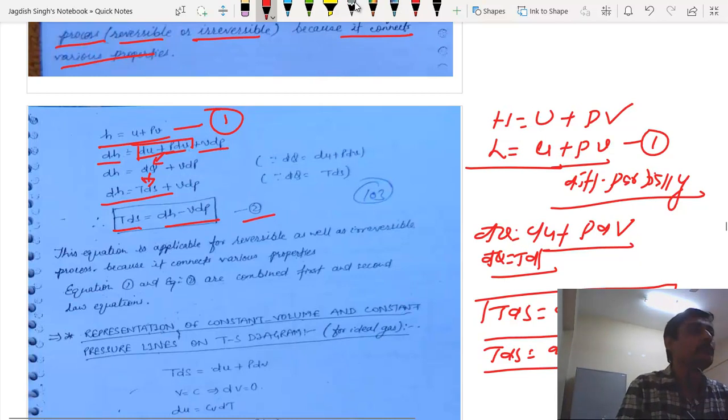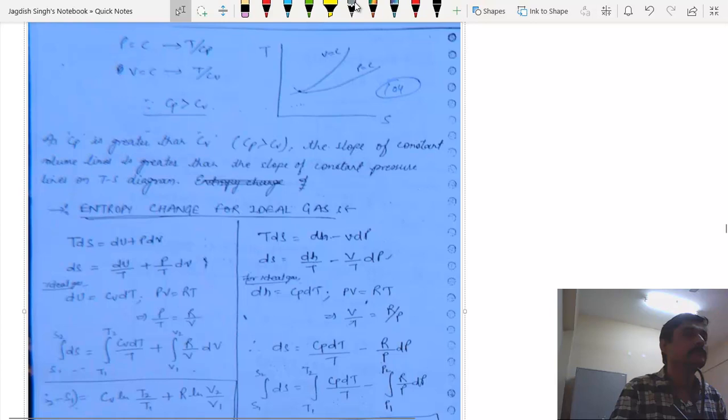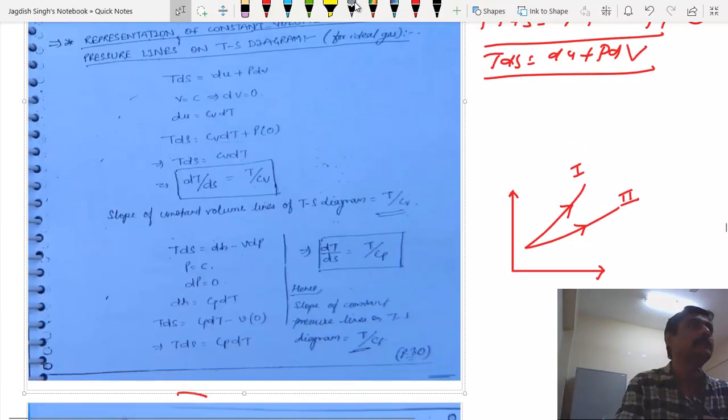This equation is applicable for both reversible and irreversible processes because it consists of properties: temperature, entropy, enthalpy, and specific volume, all are properties. Therefore, this equation can be applied for all reversible and irreversible processes. Okay, right.